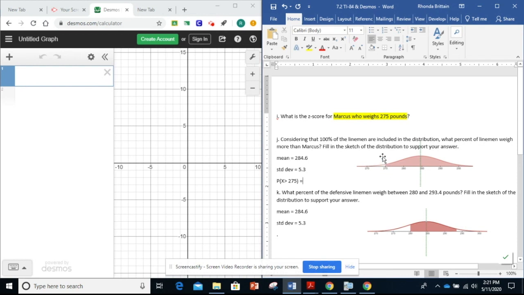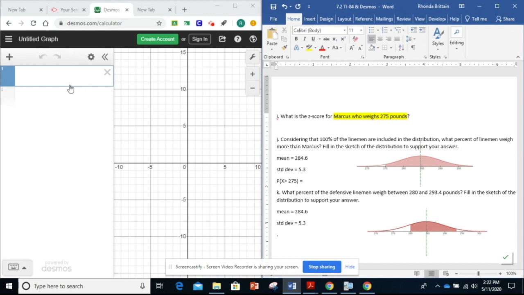And so I've shaded everything from 275 and above. And this was based on the normal distribution given for the problem that has a mean of 284.6 and a standard deviation of 5.3. So we're not required to calculate the z-scores. So that's why we are actually skipping G, H, and I. And so we just need to use technology to calculate all of the area under the curve here.